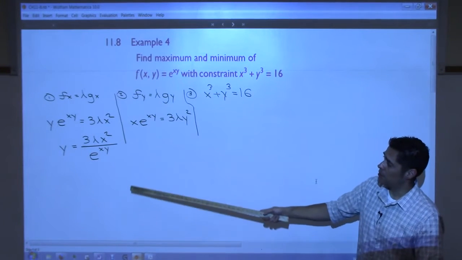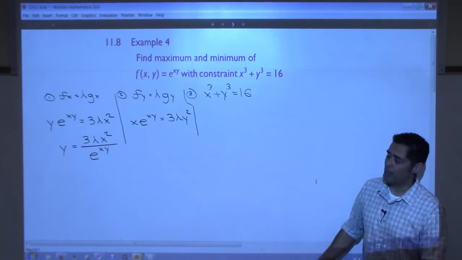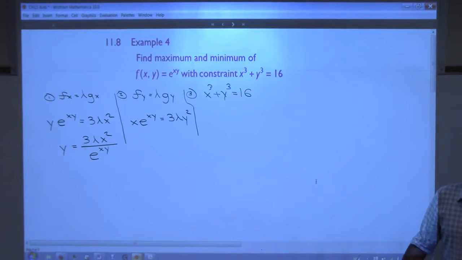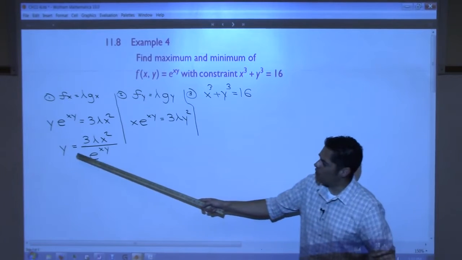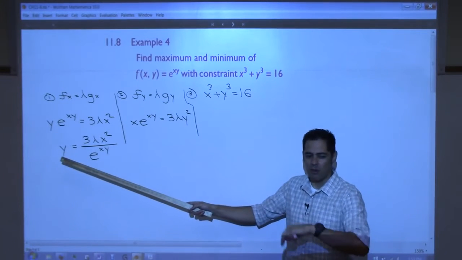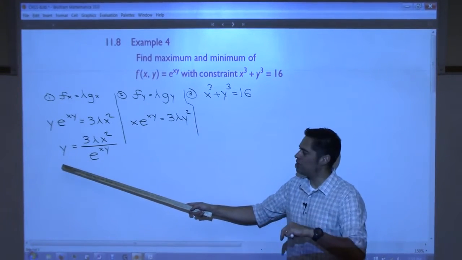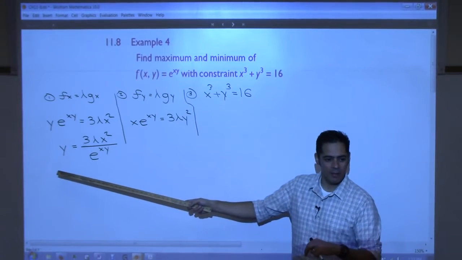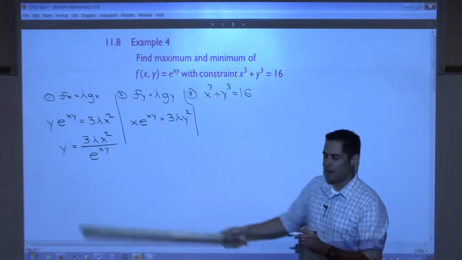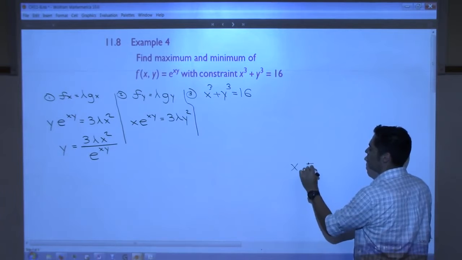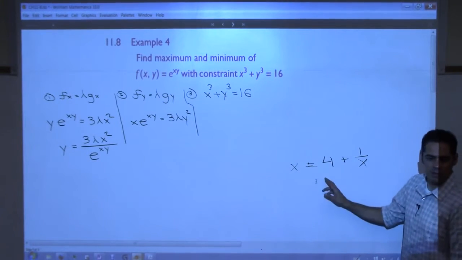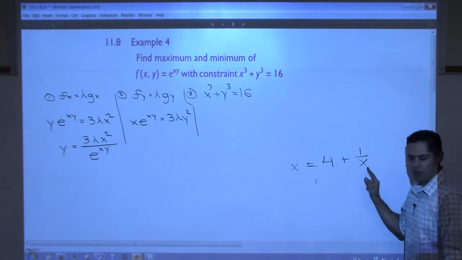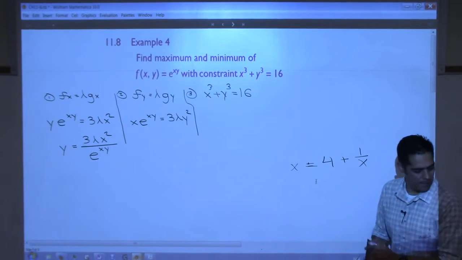Or solve for lambda? They're both good. Do you understand the difficulty here? If you solve this for y, you haven't really solved it for y, because you still need to know what y is to know what y is. Like if I have x equals 4 plus 1 over x, have you solved for x? In order to know what x is, you have to know what x is, right?